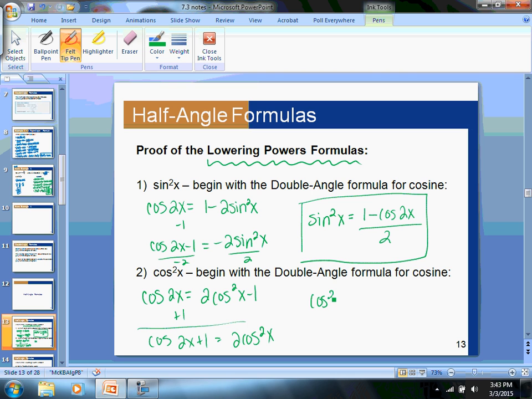So I'll get cosine squared x equals. Now this one you can write it either way because it's not positive or negative. But again, your book likes to put the whole number first. So 1 plus cosine 2x all over 2. So these, again, power reducing or power lowering formulas both rely on the double angle formula for cosine, and they both have cosines in them. But it's a formula that we can use to get rid of that squared.